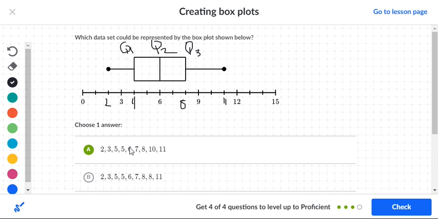We take the 6 out, we would have the 3 and the 5. So 3 plus 5 divided by 2 is 4. Same thing here. 3 plus 5 divided by 2 is 4, so that works there.